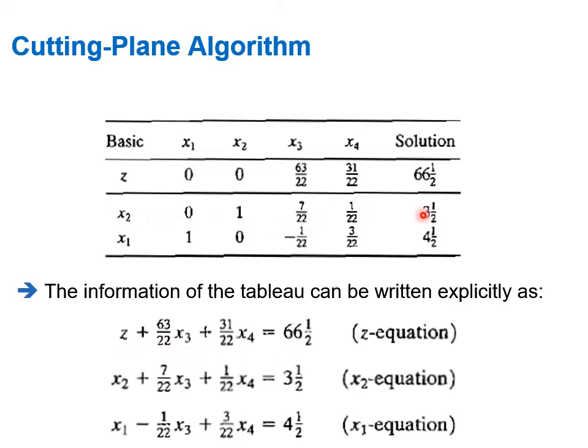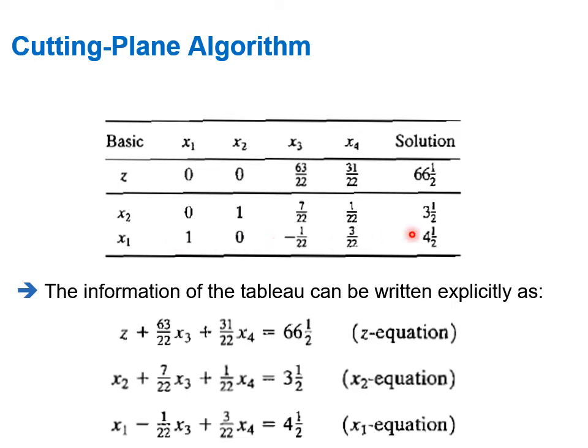From the first constraint here, again we obtain x2 times 1, then 7 divided by 22 times x3, 1 over 22 times x4, equal to 3.5.